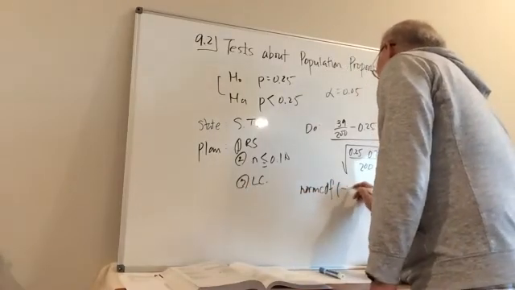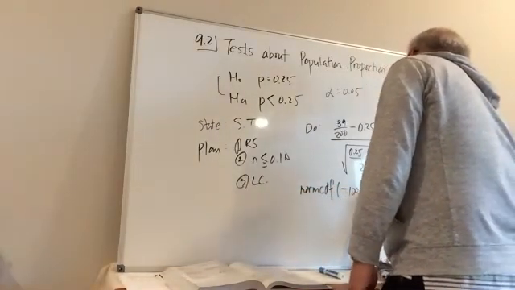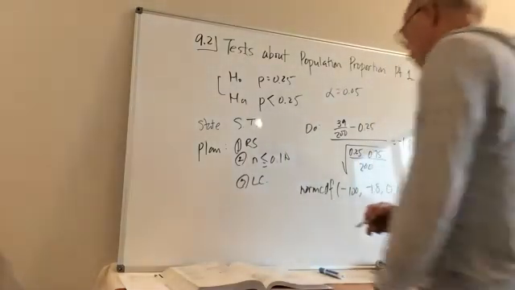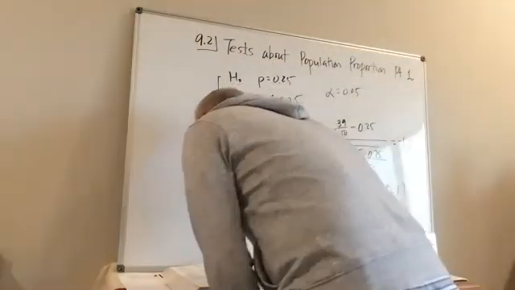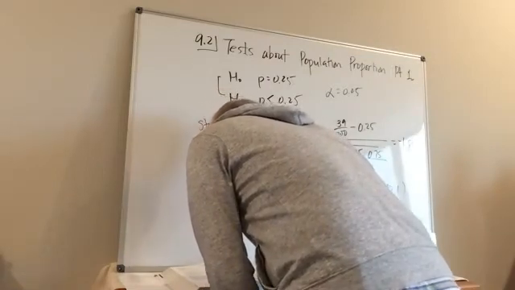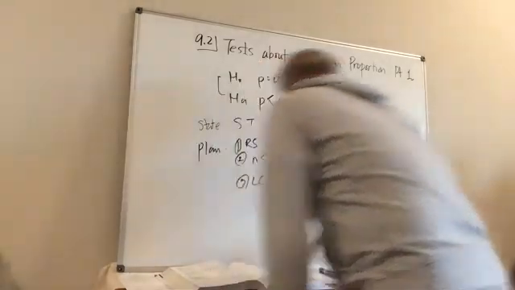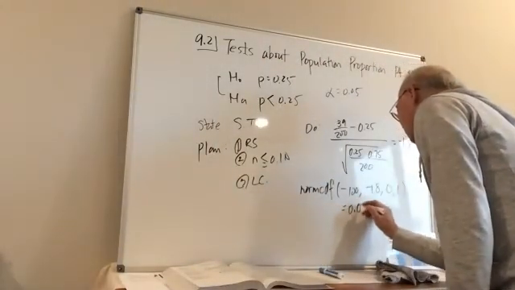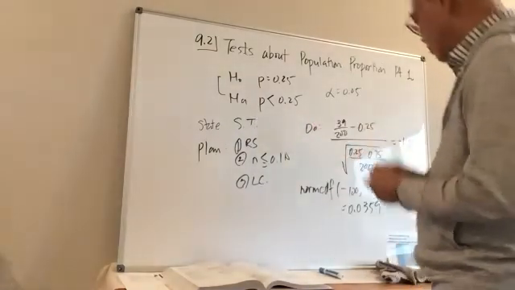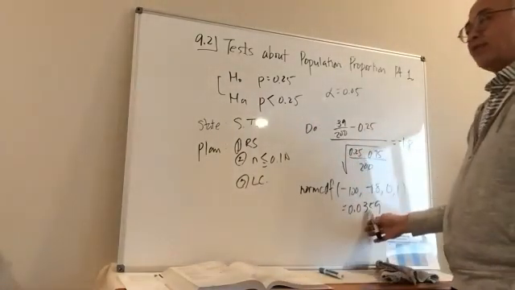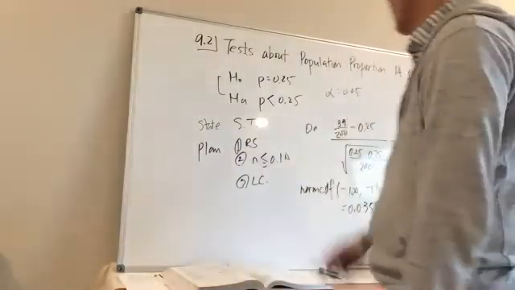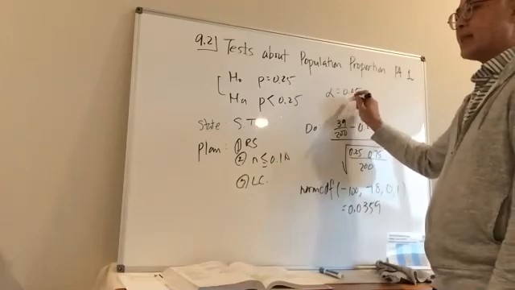So again, we're going to do the norm CDF, negative 100 to negative 1.801. And if I do that, I am going to get 0.0359. So my p-value is 3.59%, less than the alpha.